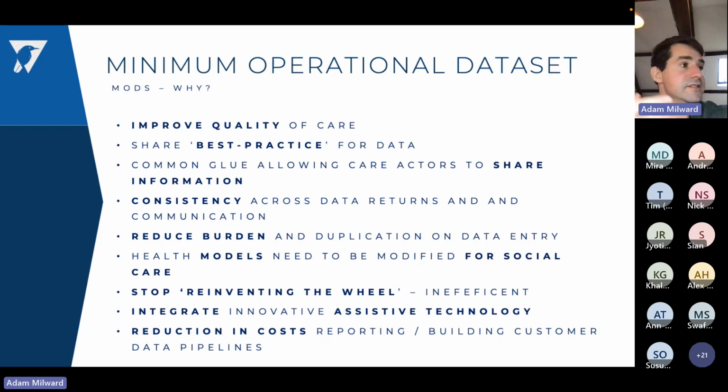We want to stop reinventing the wheel so that when someone comes in and looks at an assessment, we realize that different organizations have slightly different processes. But I think there's a lot of effort that goes into building a system and coming up with a specification.